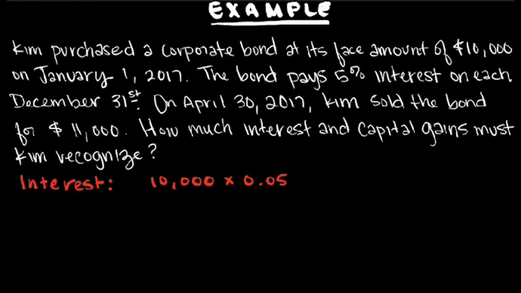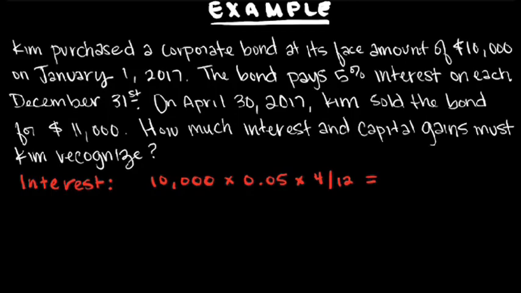Then, since the interest is paid at the end of each year, we're going to divide how much interest she incurs by how many months she owned it out of the year. And so she owned it until April 30th, or the 4th month out of 12. And so the interest that she has to include in her tax return is $167 worth of interest.